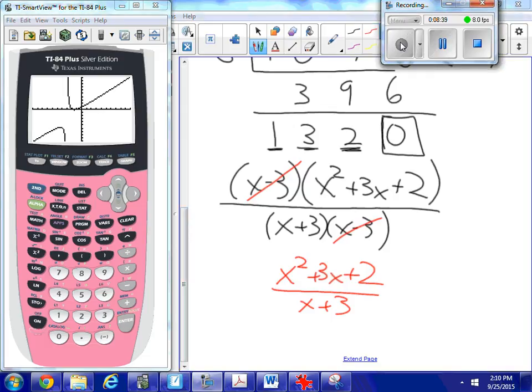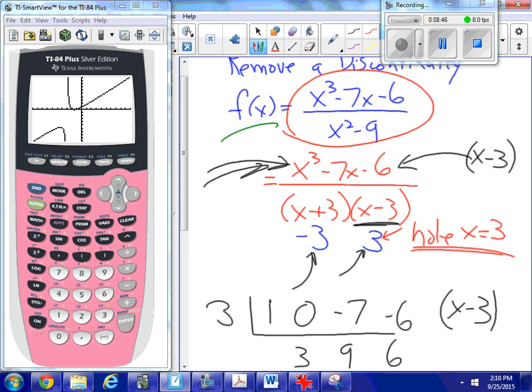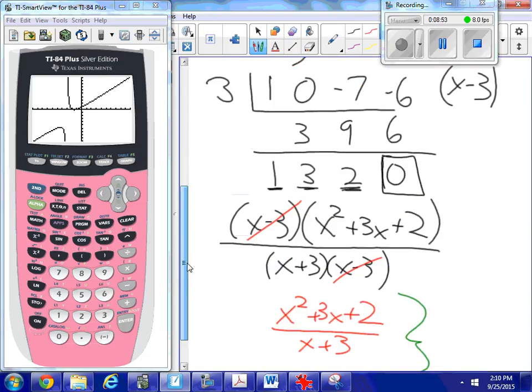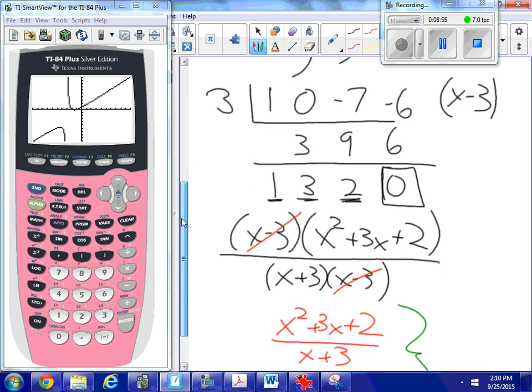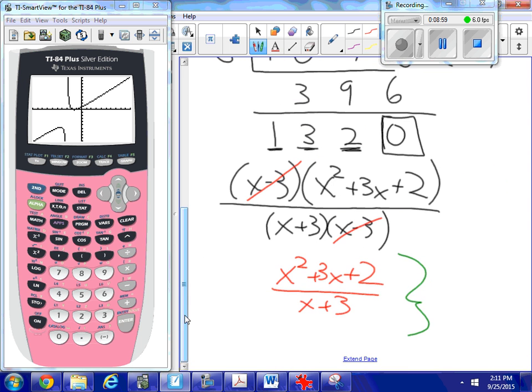This is not identical to our original function. Our original function was a cubic divided by a quadratic. This is not. Our original function had a hole at x equals 3, but this one does not. But this is going to allow us now to find the limit as x approaches 3.